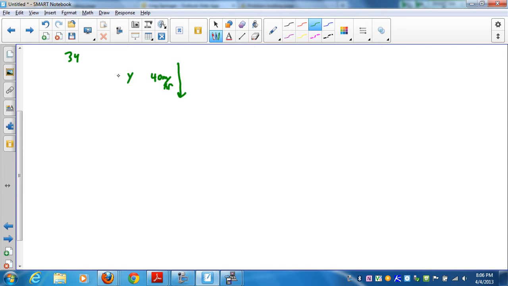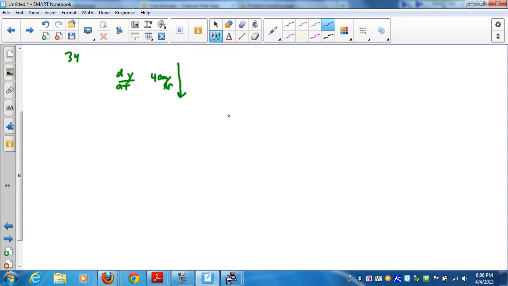So this would be dy dt. And it looks like another car is traveling west at 30 miles an hour. And both began traveling, looks like 100 miles outside of some town at the same time.